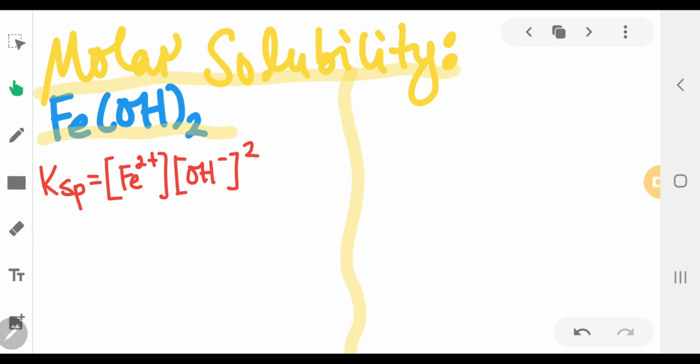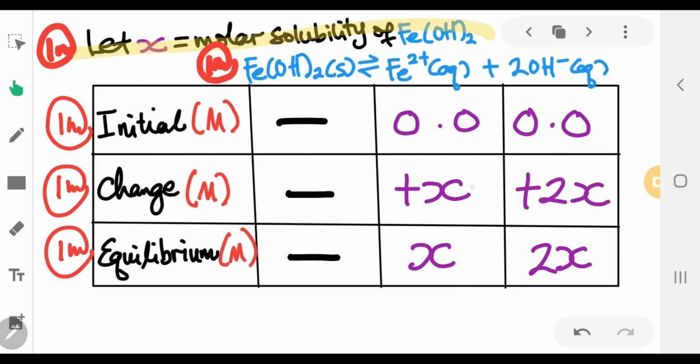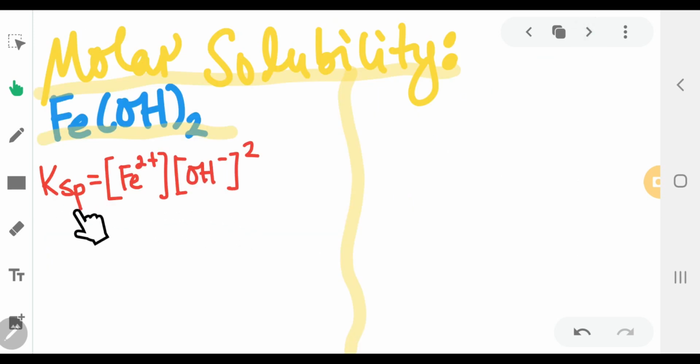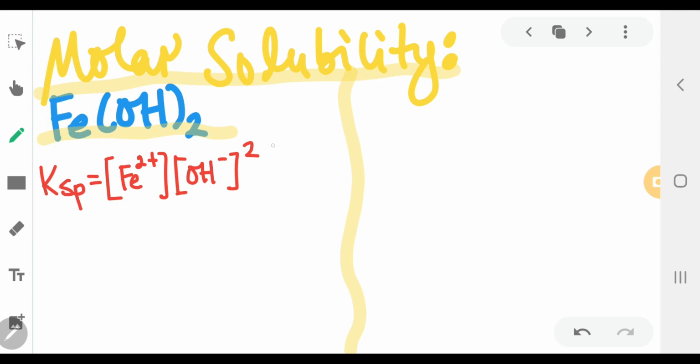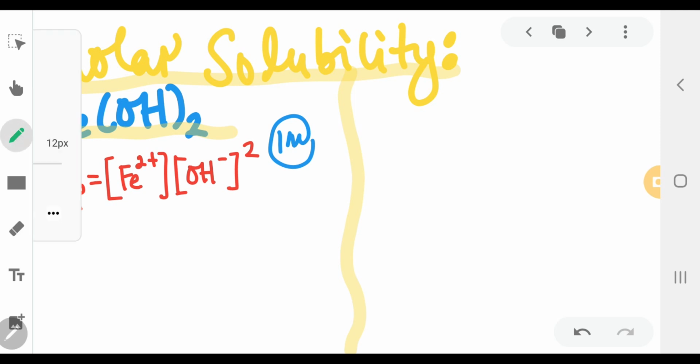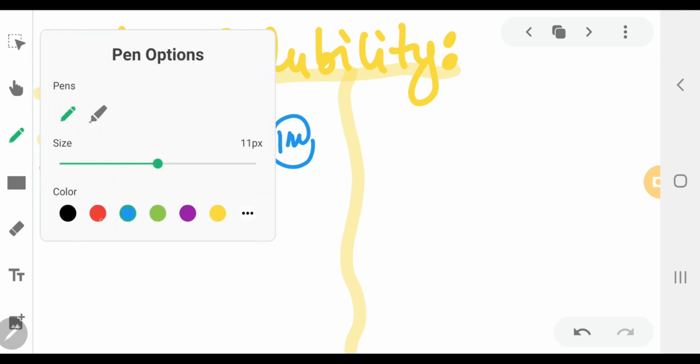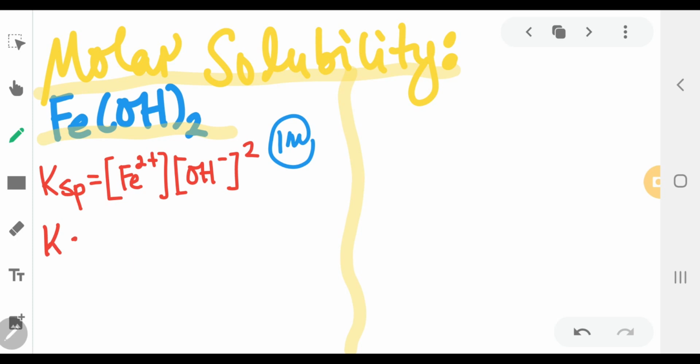That's why we have this section here. Remember to write down the Ksp expression correctly. For this equilibrium reaction, the Ksp expression should be written like this. So by writing the correct Ksp expression, you get another 1 mark. What we need to do next is plug in the x value.